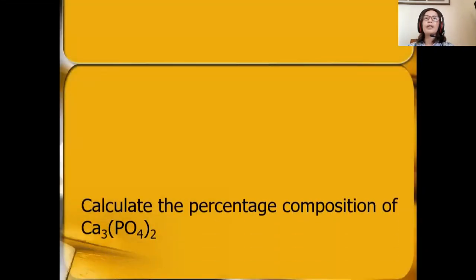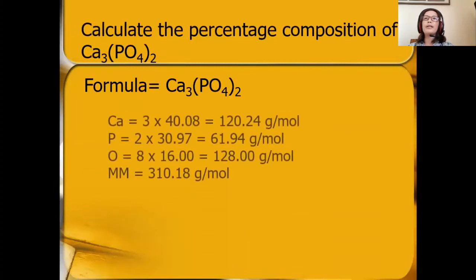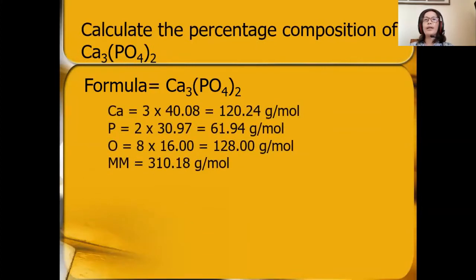Same with calcium phosphate, the one that was given a while ago. The molar mass is 310.18. What are the components of calcium phosphate? We have calcium, phosphorus, and oxygen. To get the percent composition of each, you apply the formula.